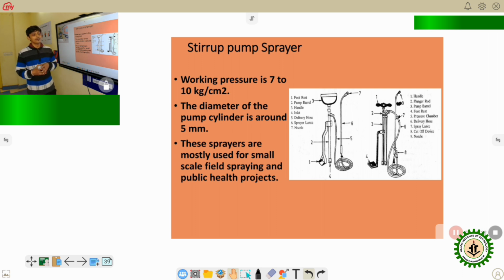It very effectively sprays liquid materials in a small area, and this is a very popular sprayer, which we have effectively used many times.